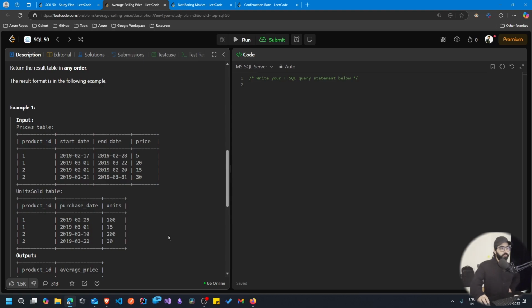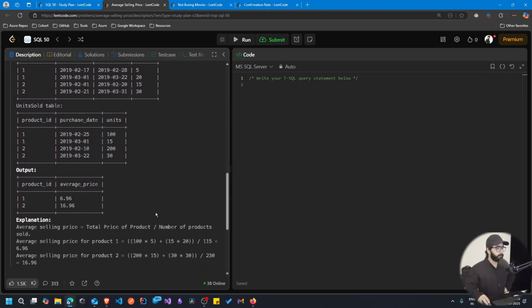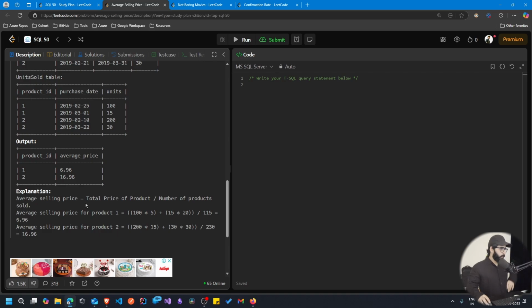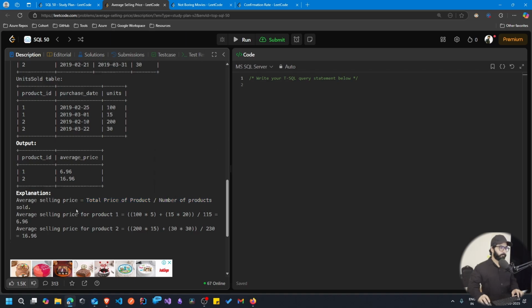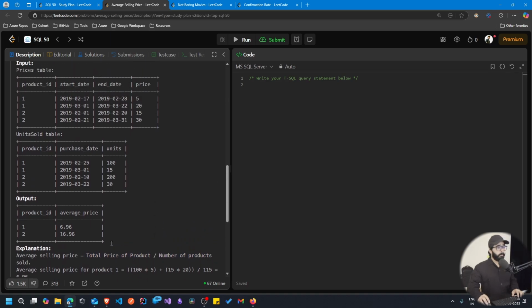We have to use some conditions and how we are calculating the average selling price. Total price of product divided by number of products sold. What is the total price?